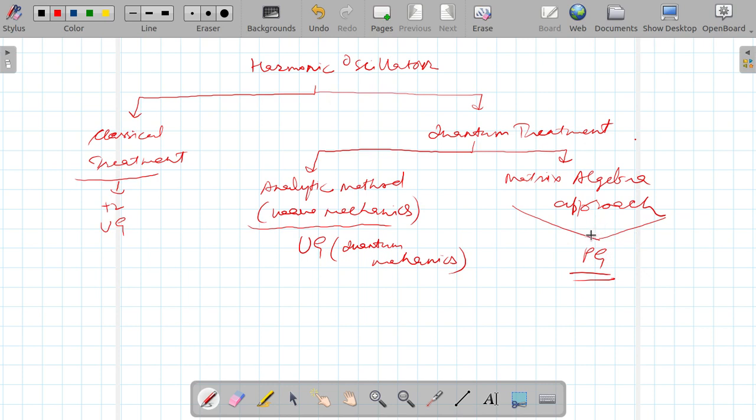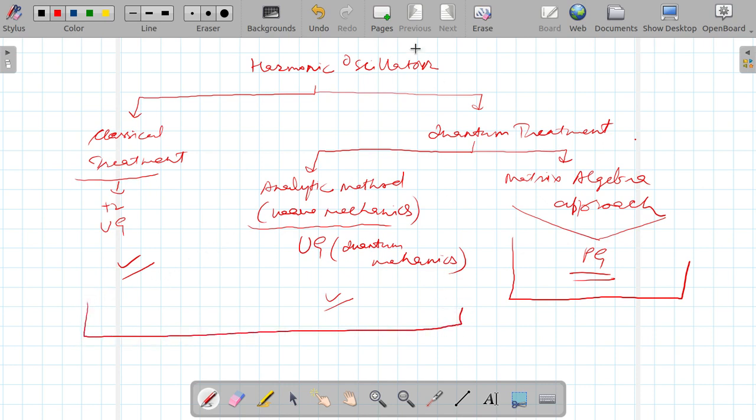So I will briefly talk about the classical treatment of the harmonic oscillator, then the analytic method of the harmonic oscillator in this lecture, and then in the next lecture I will talk about the matrix algebra approach to study the quantum harmonic oscillator problem. Right. So let us do these two parts in this lecture. I will basically briefly review these two. I'm not going to talk about these in very much detail.